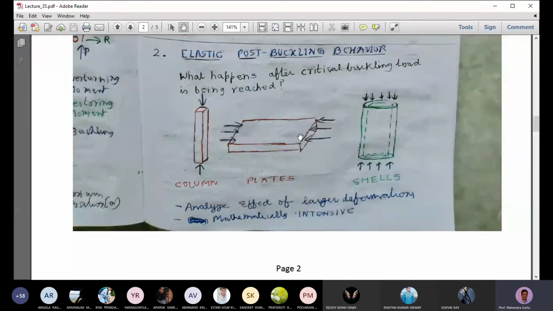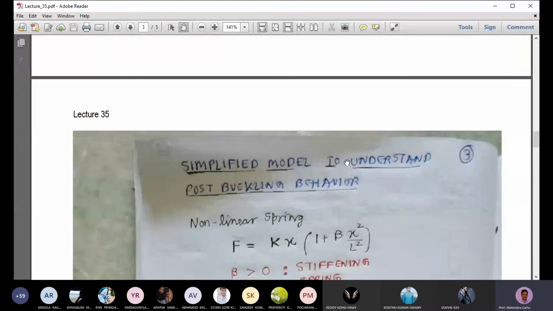Actually, this analysis is very mathematically intensive, and we would have to take an advanced course, maybe at graduate level, to understand it. But what we can do is use a simplified model and try to understand the main concepts of this post buckling behavior.